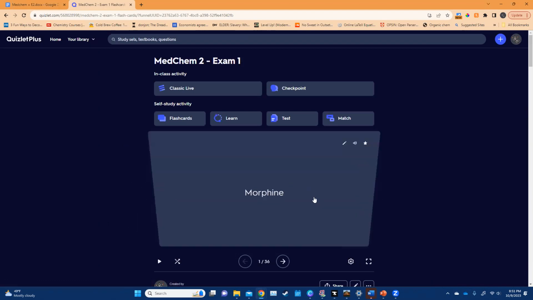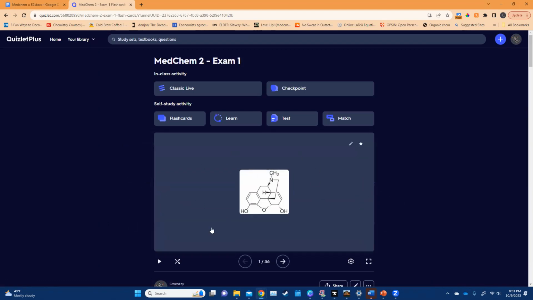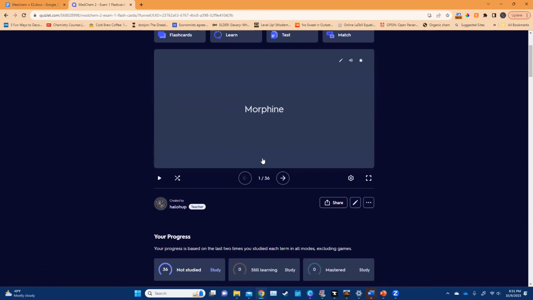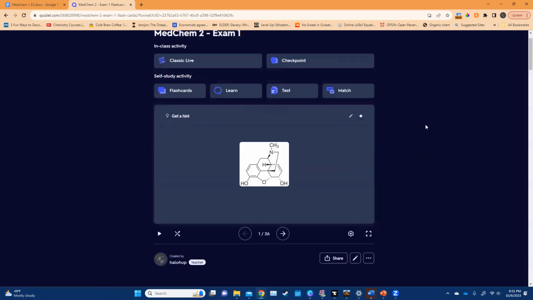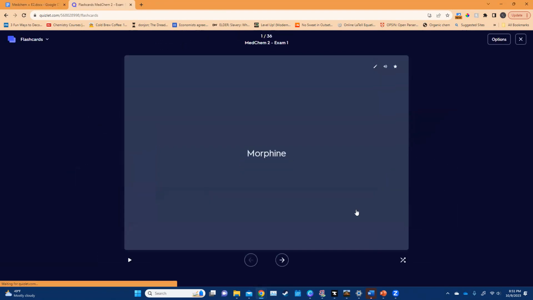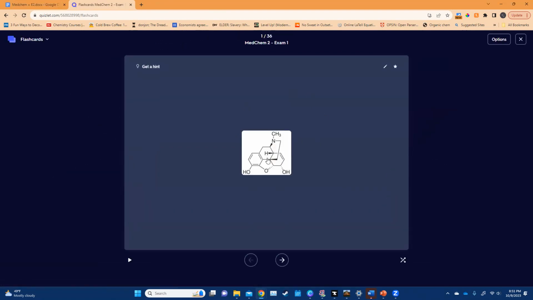What I would have is the drug and the structure. What I did is I would say out loud the important parts. I would have it so that the front side was the structure, and I would say, okay, it has this, this, and this, which would cause this, this, and this, and then I would say, oh yeah, it's morphine.